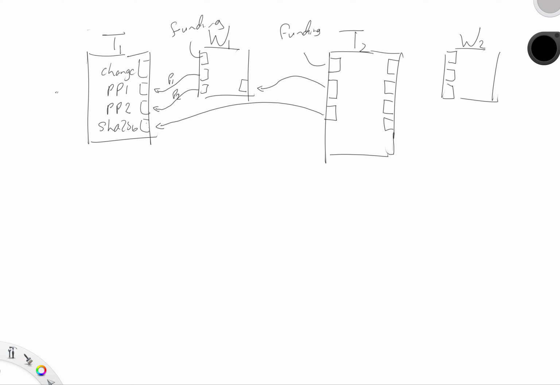I'm going to have to cut out this bit. How do I just get my drawing tool back? Finally. Okay. All right.